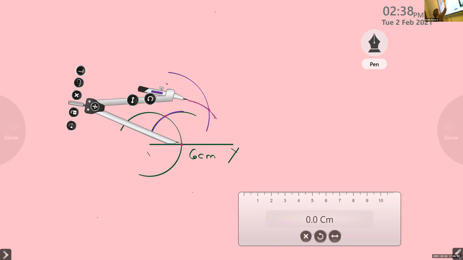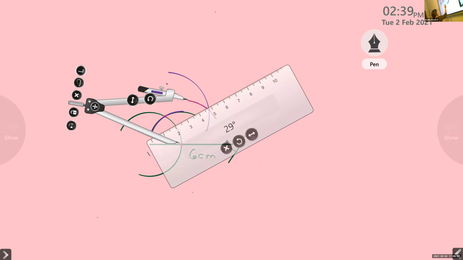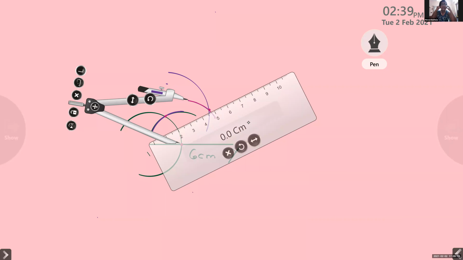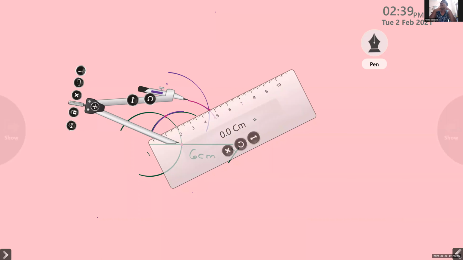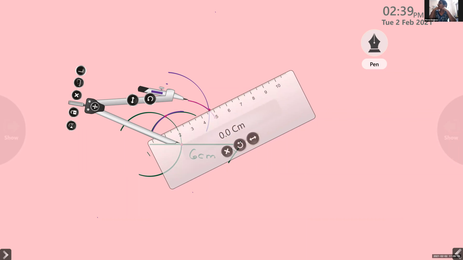So it will cut at this point. Through this point, take the scale and just join. That will be 30 degrees.